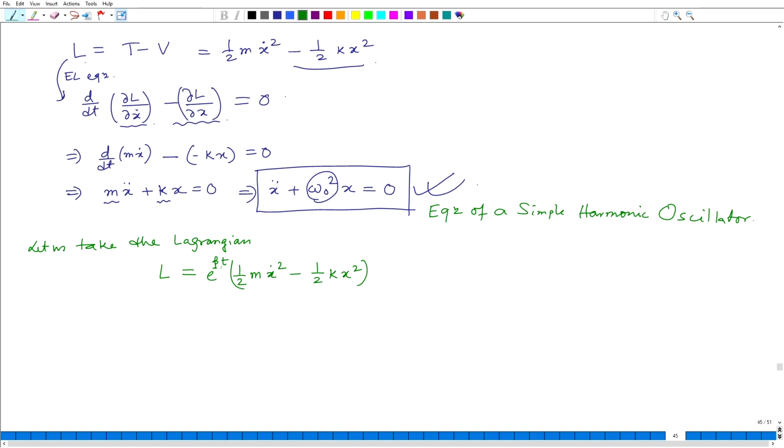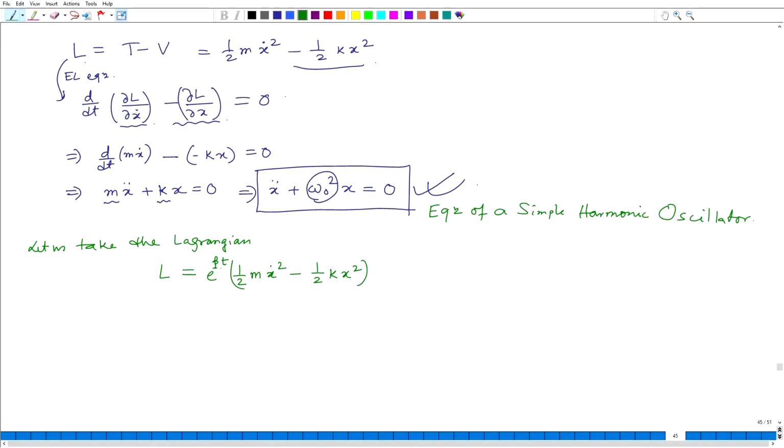Now, you will say what type of Lagrangian is this? Starting from the derivation of the Euler-Lagrange equations, we showed that the Euler-Lagrange equation is satisfied for Lagrangians of the form T minus V. But then of course, I claimed that the Euler-Lagrange equation is true for Lagrangians which are even not in the form of T minus V. So, in this example we will see such a case.